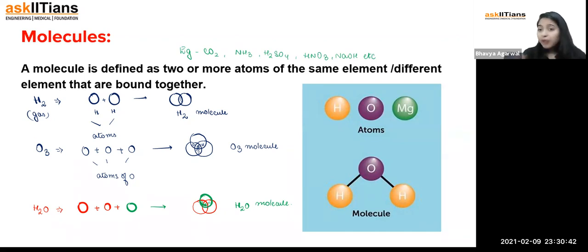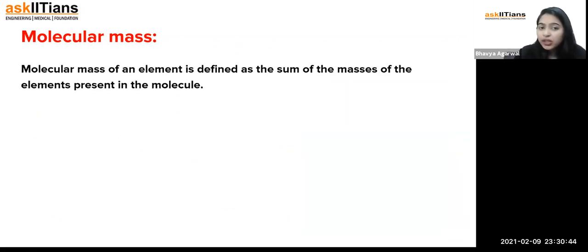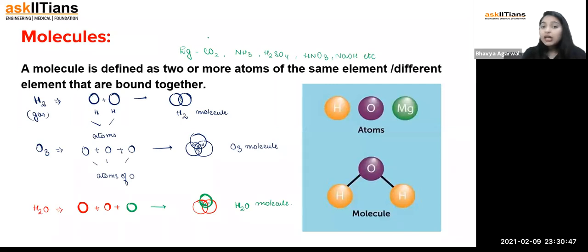The total number of atoms contained in a molecule is known as atomicity. Atomicity means the number of atoms present in a molecule. For instance, carbon dioxide has an atomicity of 3.